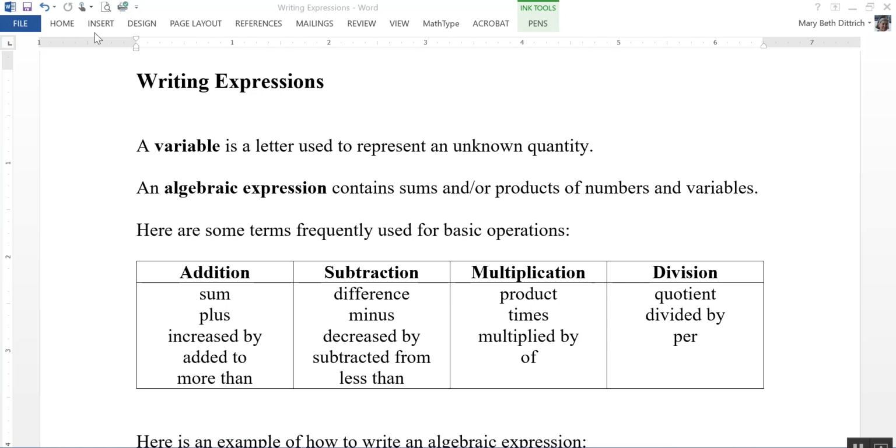All of those words indicate subtraction. The words for multiplication are product, times, multiplied by, and the word of. All of those words refer to multiplication. And for division, we can use the words quotient, divided by, and per. So make sure that you are familiar with those terms and which of the basic operations they apply to.